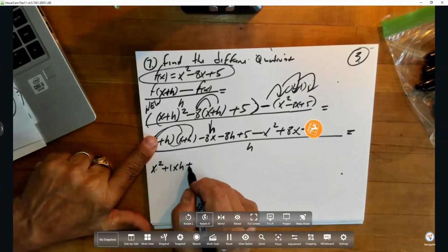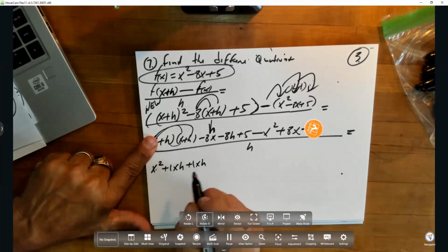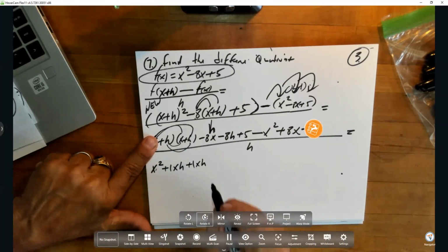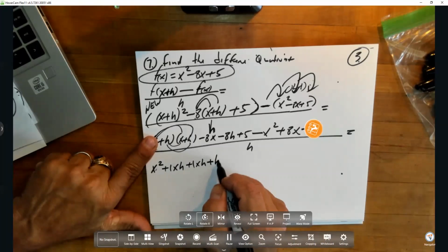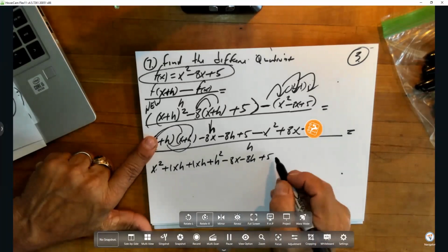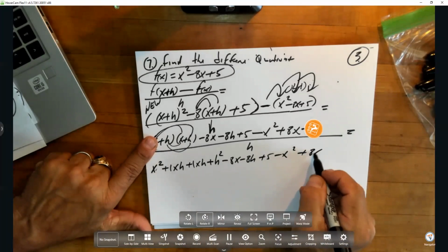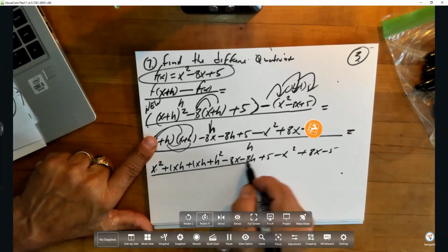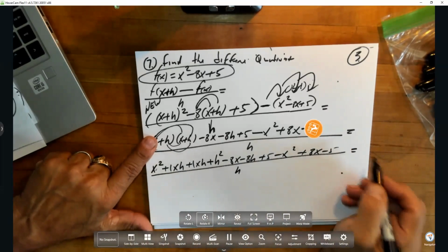So another 1xh. The last one, h times h, give me an answer. h squared. And everything else, I'm just going to copy. All right. So right there.